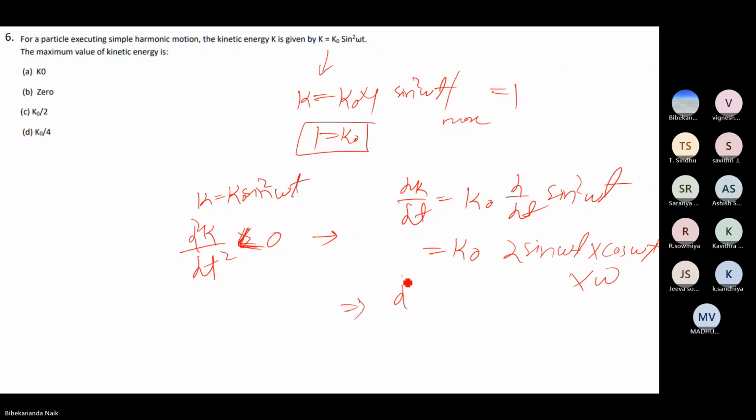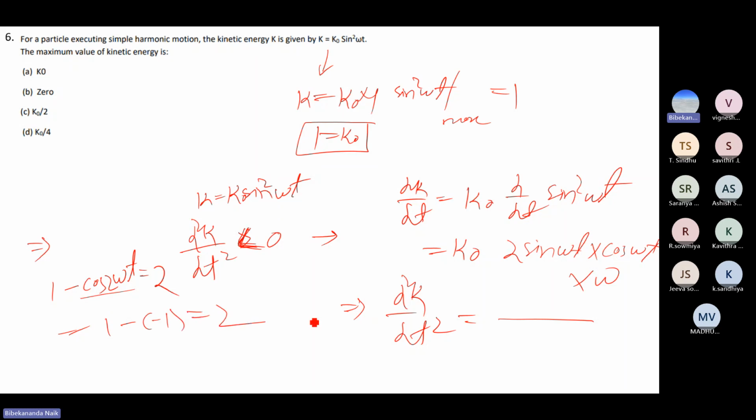Then again d square K by dt square you can calculate. If you equate it, then you can obtain that at maximum value of energy, 1 minus cos 2 omega t will be how much? It will be 2, because cos 2 omega t has the value of minus 1, so it will be 1 minus of minus 1 equal to 2.